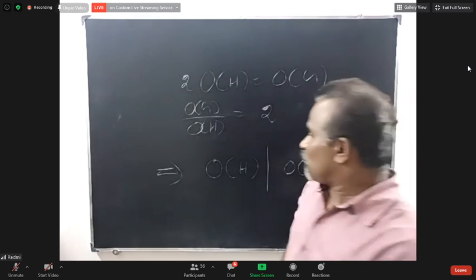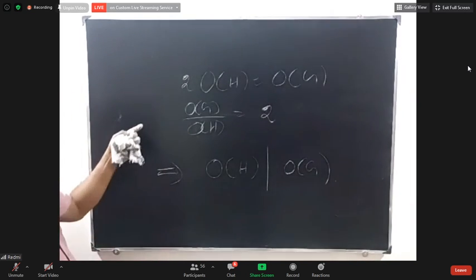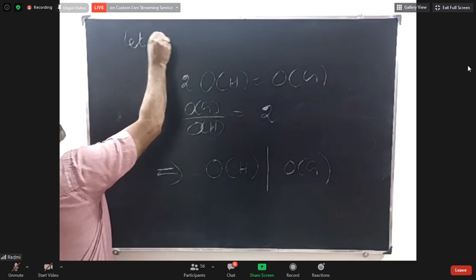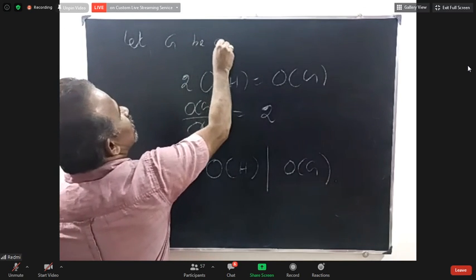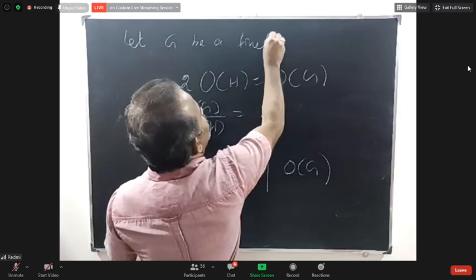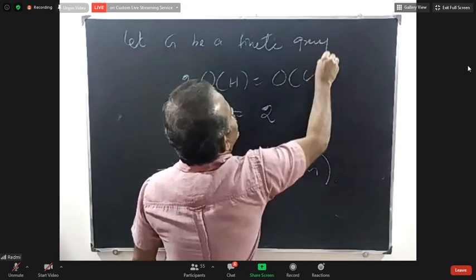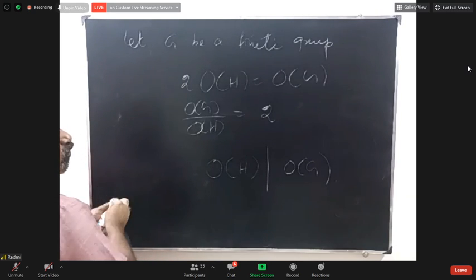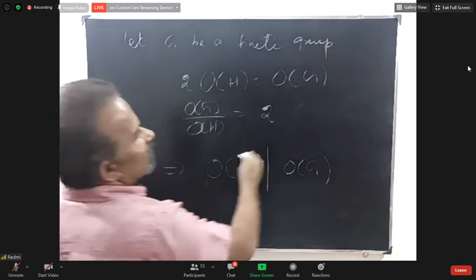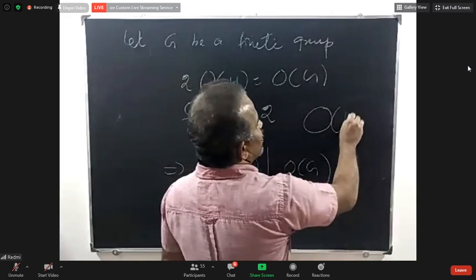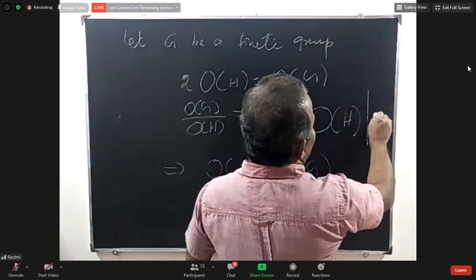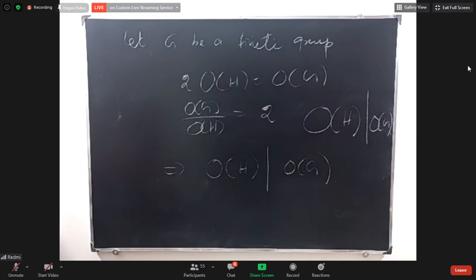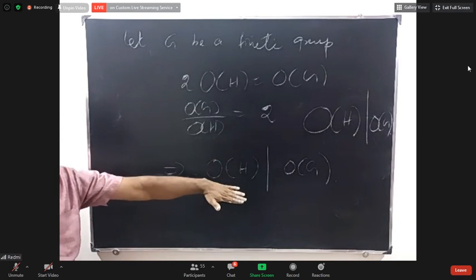Here Lagrange's theorem says: let G be a finite group and let H be a subgroup of G, then the order of H divides the order of G. This is the most important theorem in our group theory, called Lagrange's theorem.